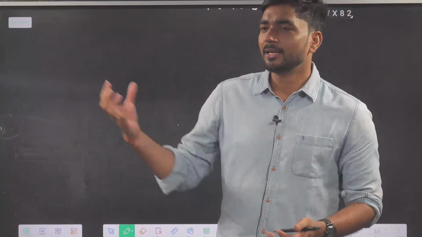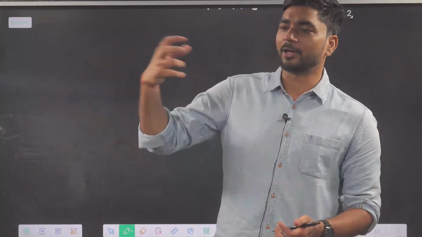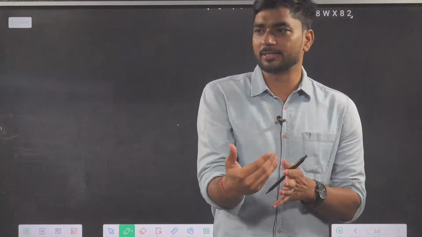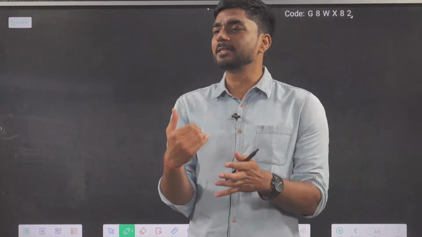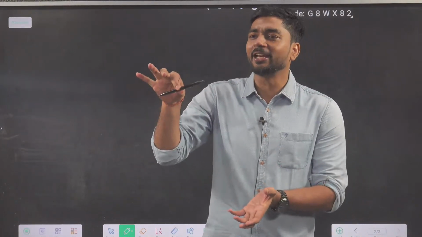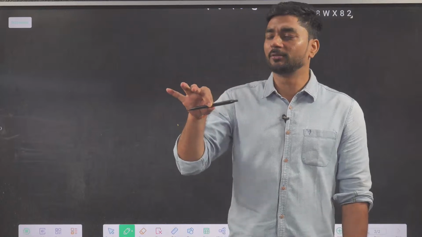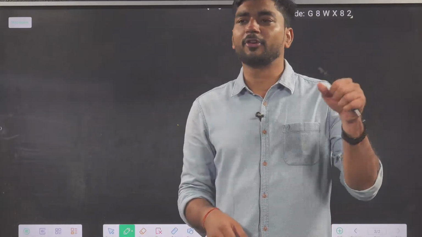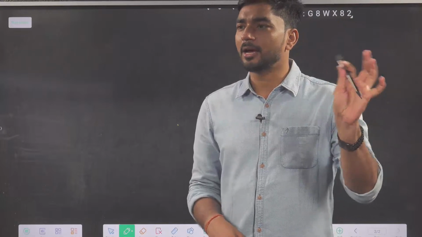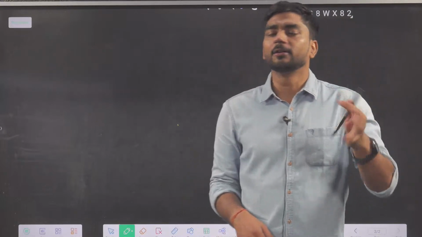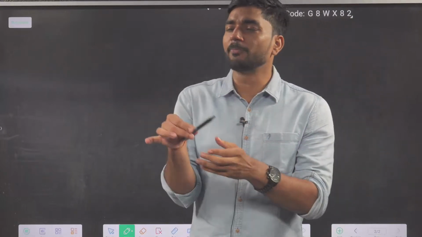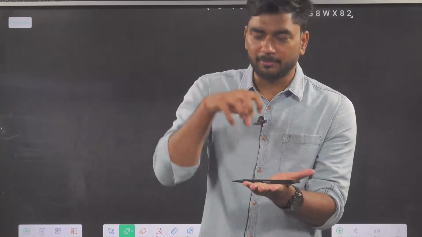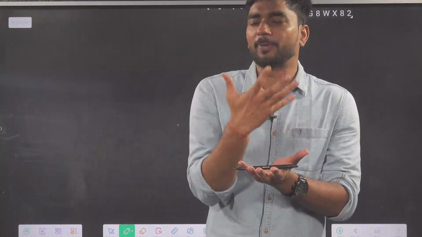So bring one microscope, and with its help we can visualize it. But before visualizing, we need to stain it first, make it colorful. Let's say I found one bacteria. Firstly, you have to make it colorful, then put it under the microscope so that you can properly visualize it.